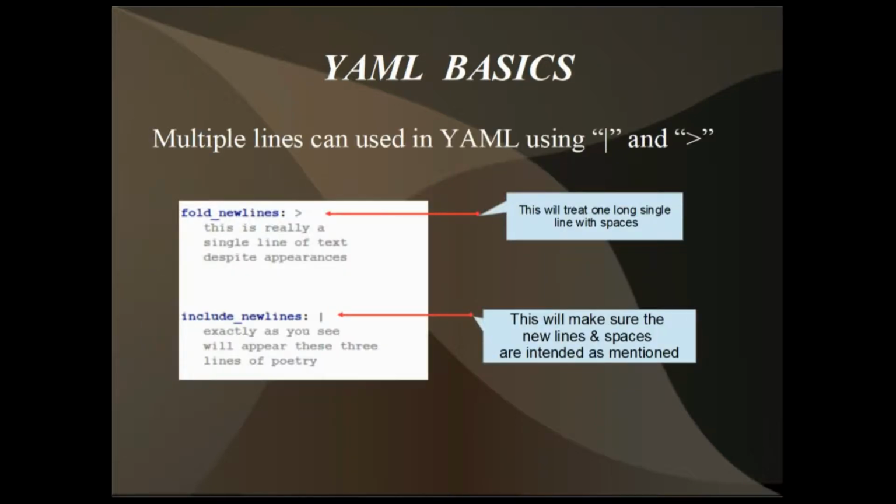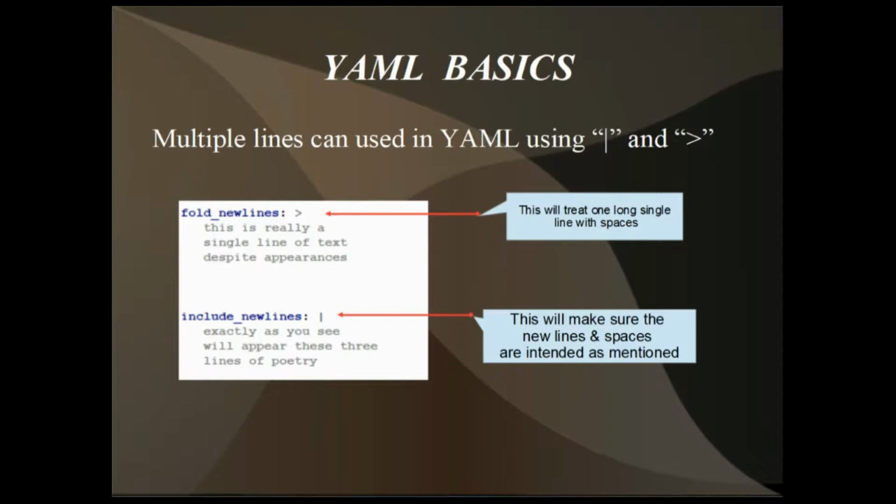Moving to the next, another important thing is you might have a long line where you need to say what is the description of this YAML file which I'm using, or it can have any other content in it. So you can use new lines or multiple lines in YAML by using pipe and greater than sign.